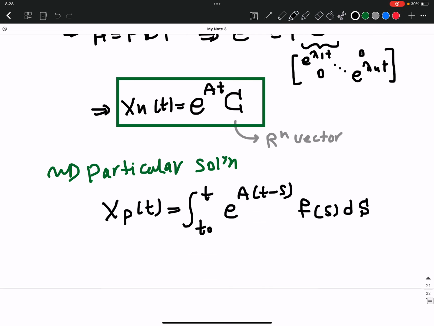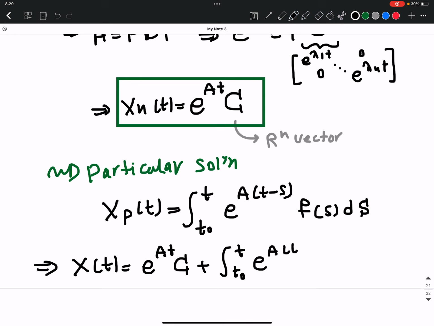Okay, so it would be something like this for the particular solution, and then my general solution for this system of linear equations would be e to the At times C, which depends on your initial conditions, plus the integral from t0 to t of e to the A(t minus s) f(s) ds.